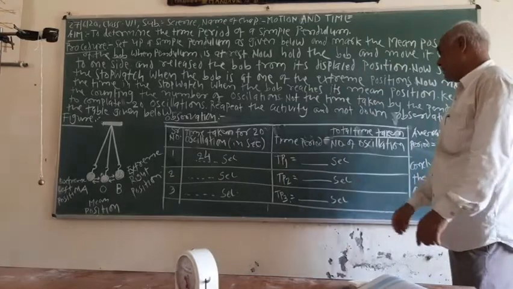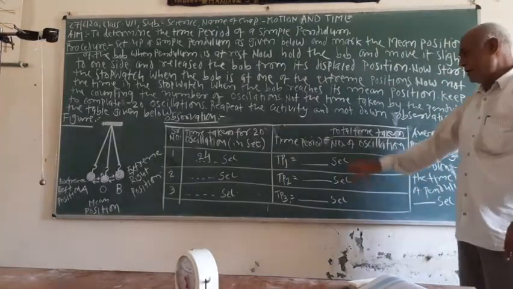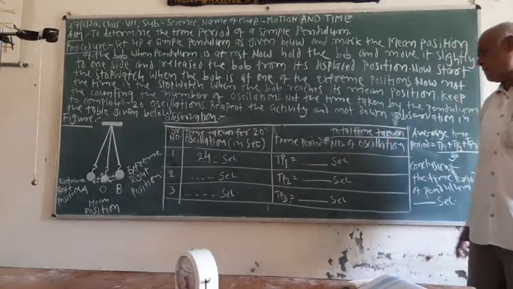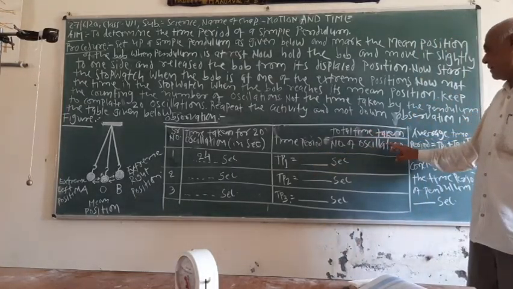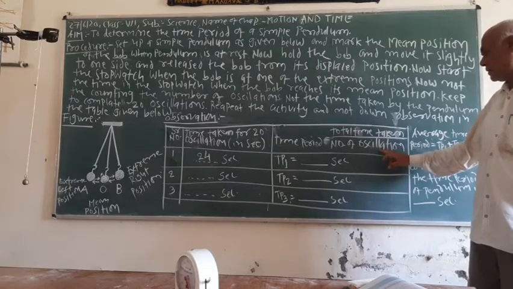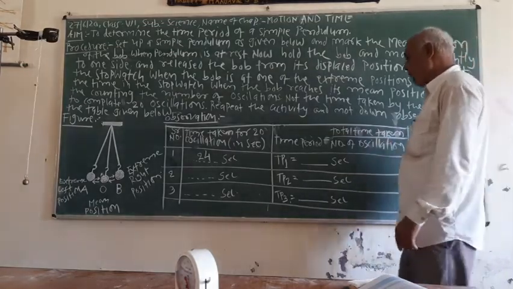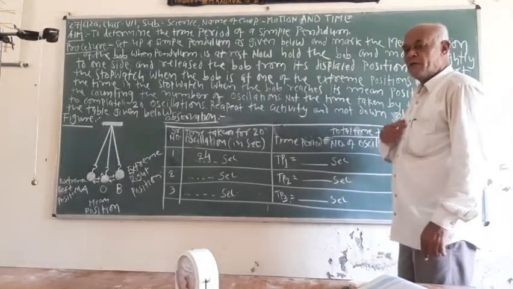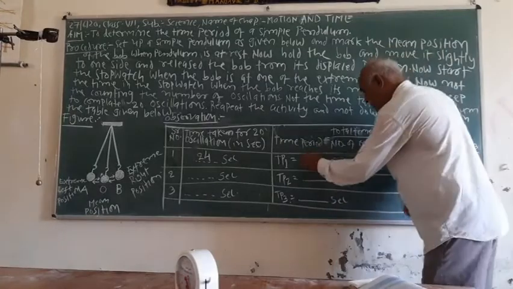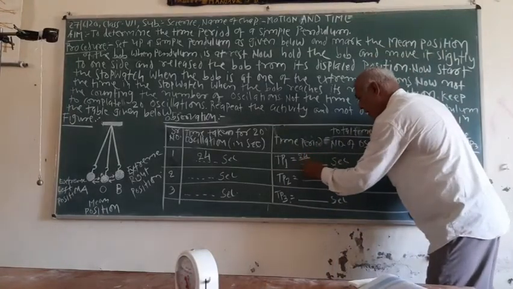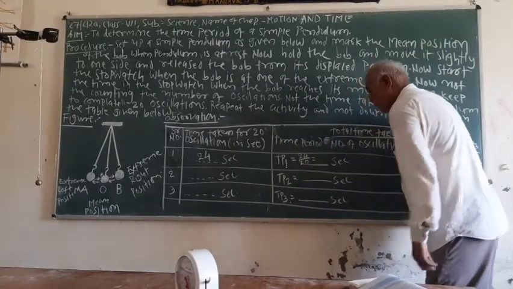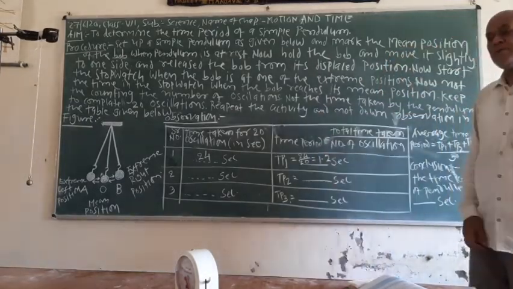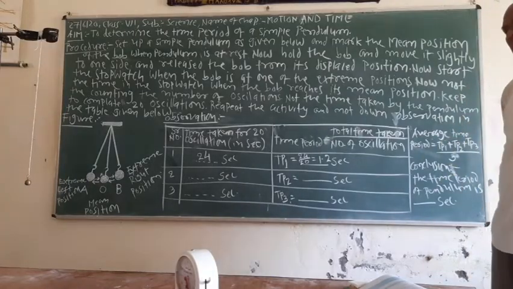Now we calculate the time period with the help of the first reading, that is time period is equal to total time taken upon number of oscillations. We know that the total time taken to complete 20 oscillations is 24 seconds. Therefore, 24 divided by 20 oscillations is equal to 1.2 seconds, which is the time period of this pendulum.